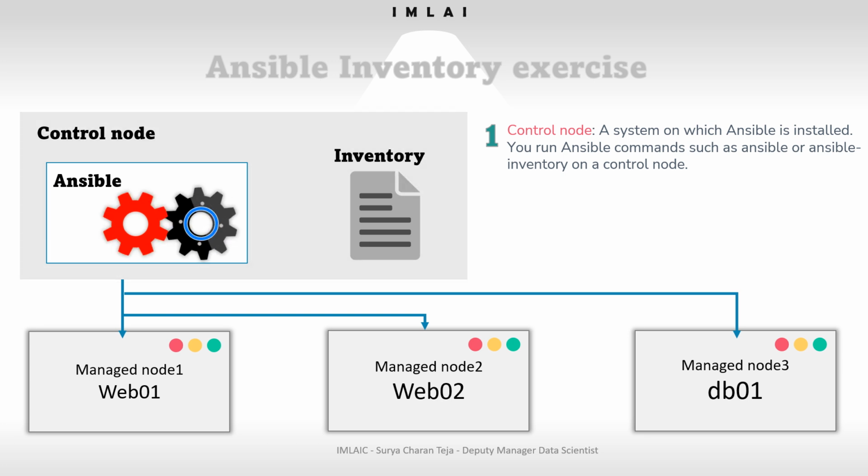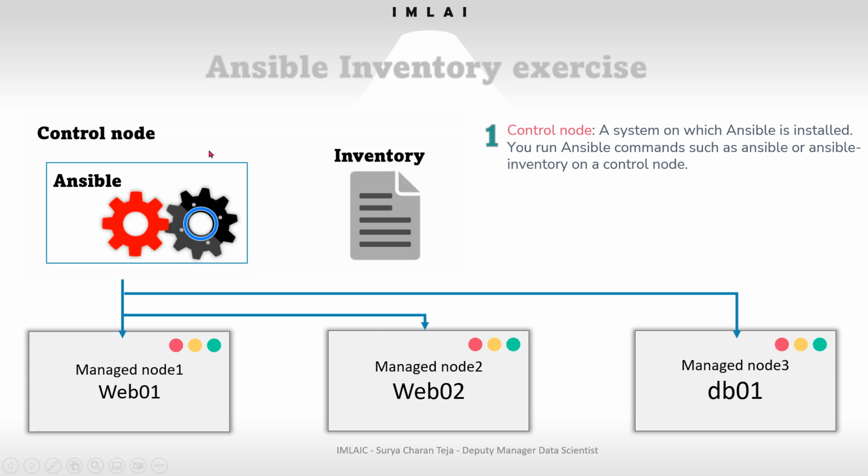That's what I call a control machine. Normally people call it a control node, but I call it a control machine. Just remember the name, because that's the name I'm going to give to my EC2 instance. So that control node is an EC2 instance, as I'm using AWS.